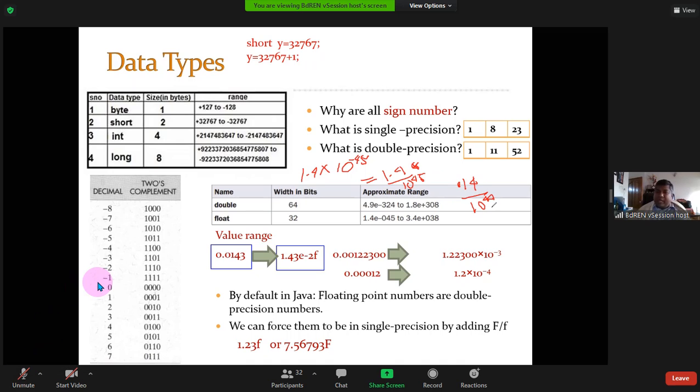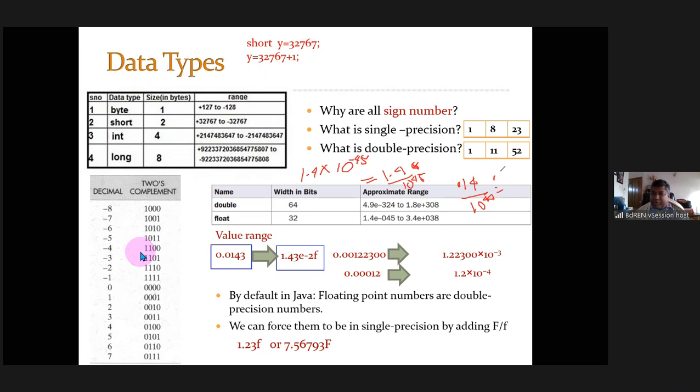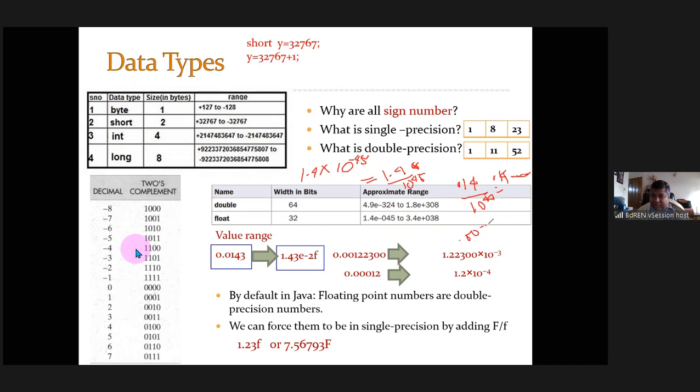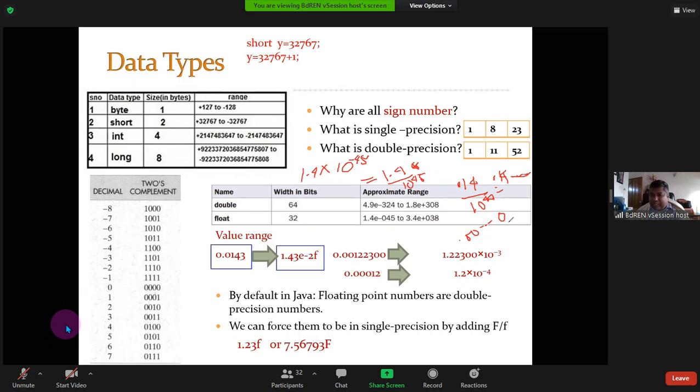So we have point, and after point 14, and then 10 to the power 44. That means 44 digits we will have. So 0.000000 till 44 places, and then 14. So this is the floating point number we have.